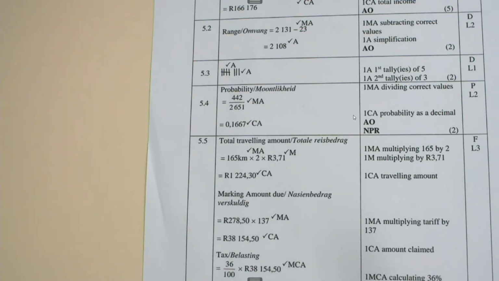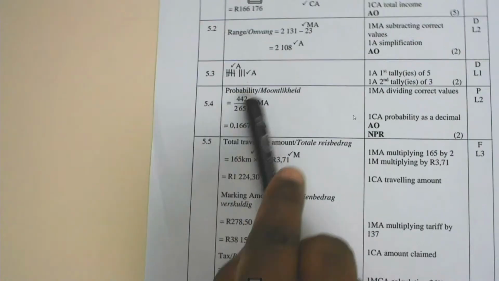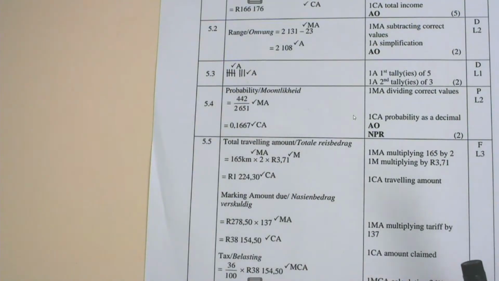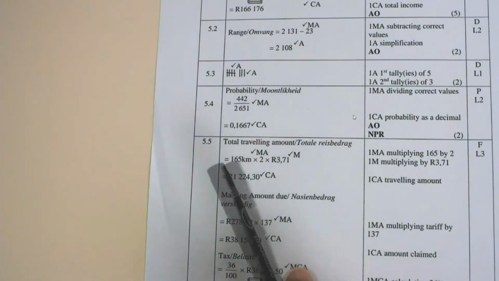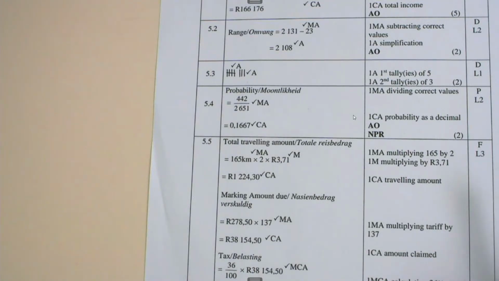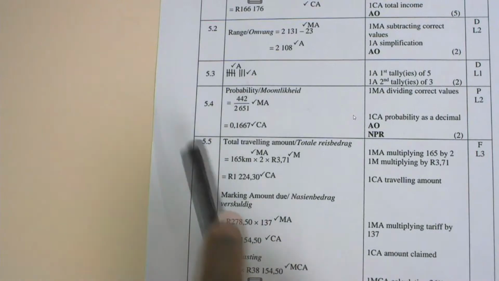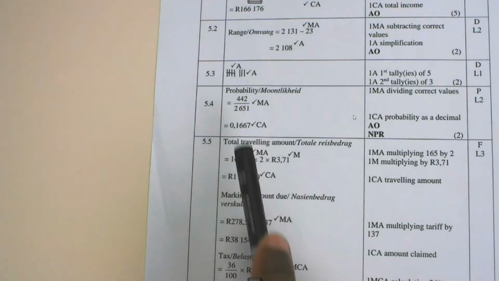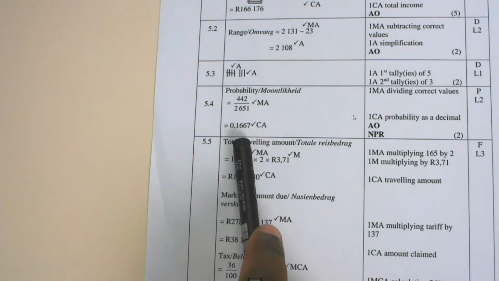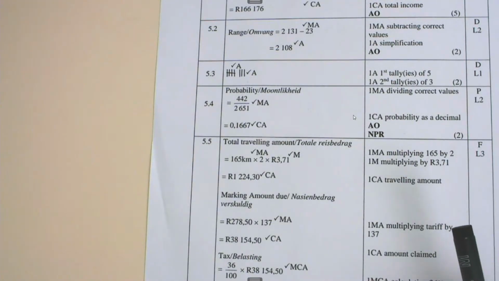The probability of randomly selecting an examination assistant. So we have 442 examination assistants over the total number of EAs. Then you get the answer of 0,1667. Remember they said as a decimal fraction.